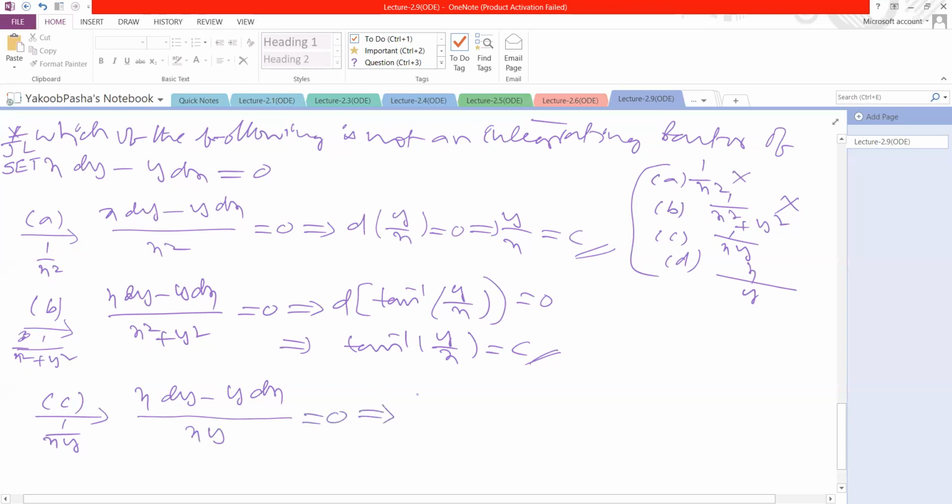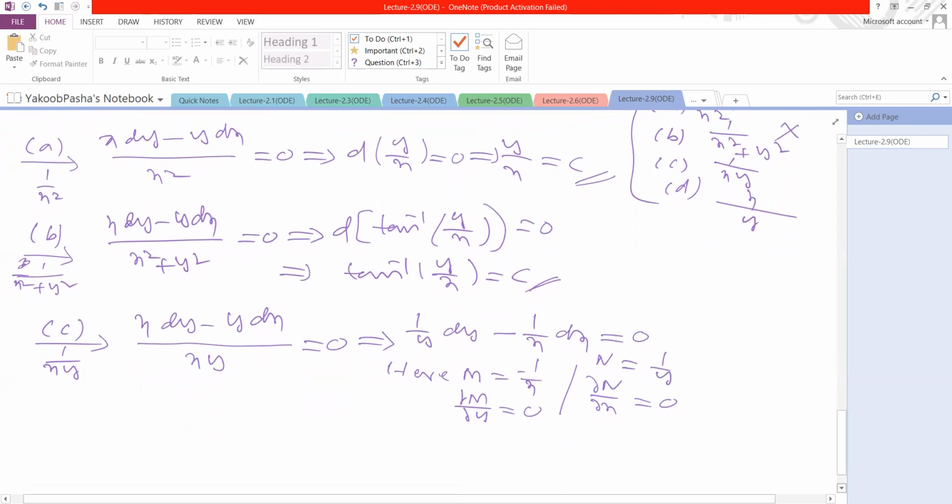So first x will be cancelled, 1 by y into dy, second y will be cancelled, minus 1 by x into dx is equal to 0. Here M is equal to minus 1 by x, dou M by dou y is equal to 0, and N is equal to 1 by y, dou N by dou x is equal to 0. So it is an exact equation.